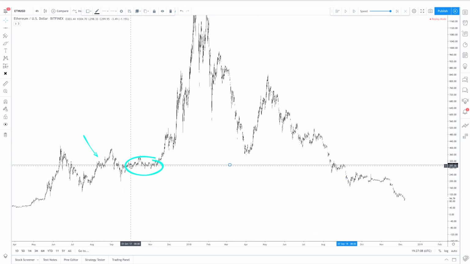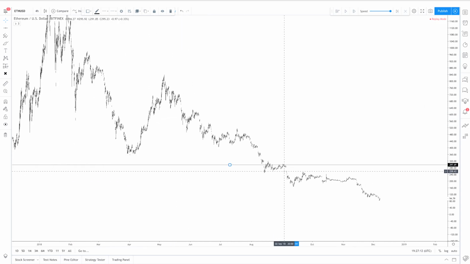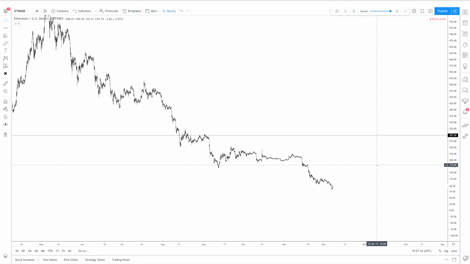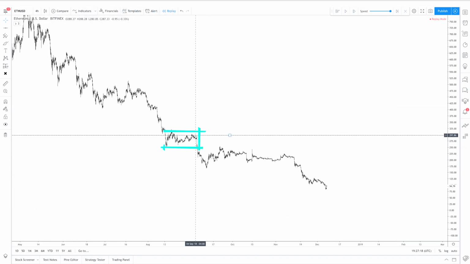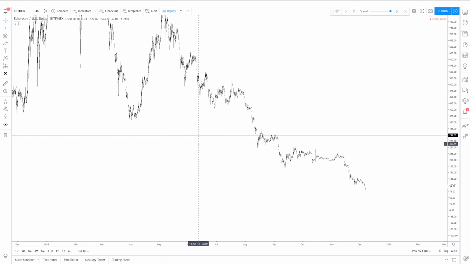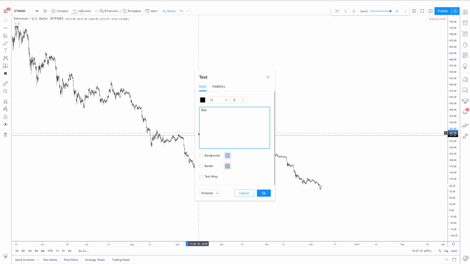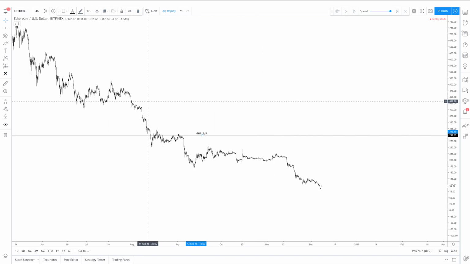Here we have the resistance acting as support, and it's a springboard to a very nice uptrend. So based on the past, and also this range consolidation area, key breakdown, very key point in price, I'm marking that off, and I'm going to be calling this a 4-hour SR, right?